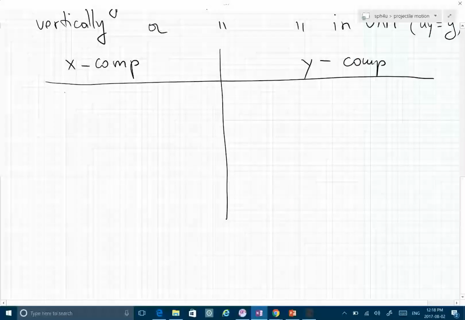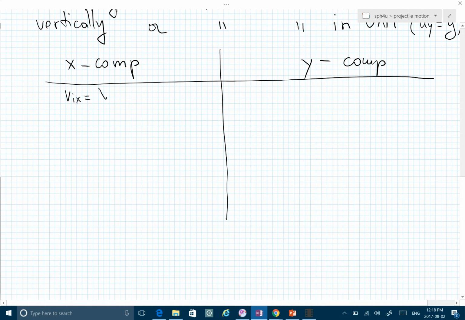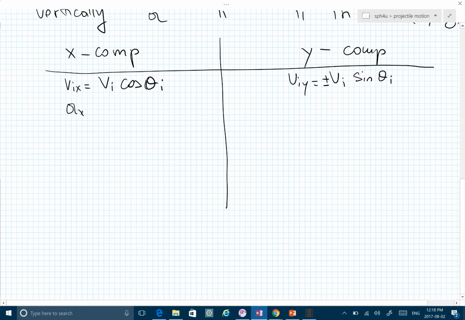So let's start with horizontally. Vix is Vi cos theta i, right? It's the x component. Viy is Vi sin theta i. Remember, plus or minus, depending on what you choose as positive, up or down. ax obviously is 0, the very definition of projectile motion. ay for free falling motion is g, right?